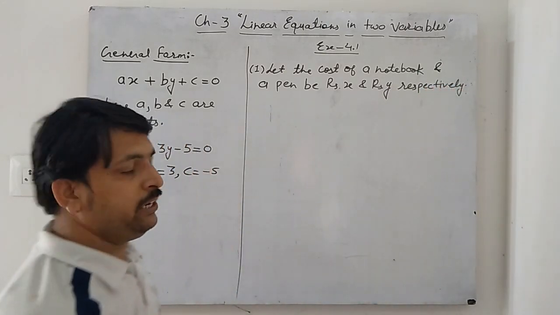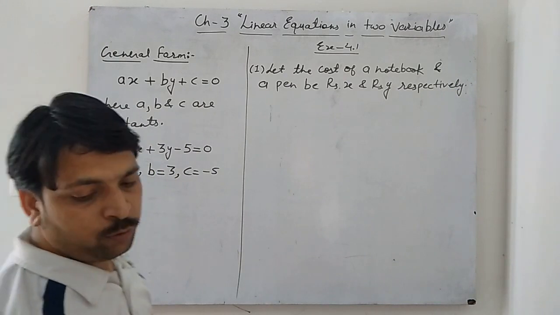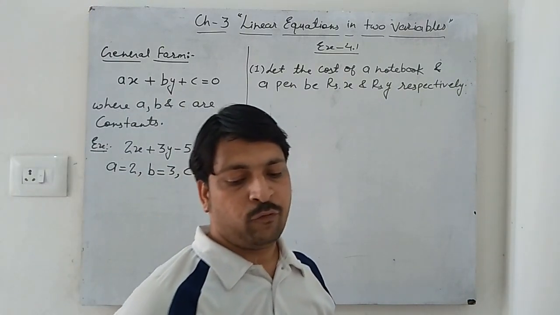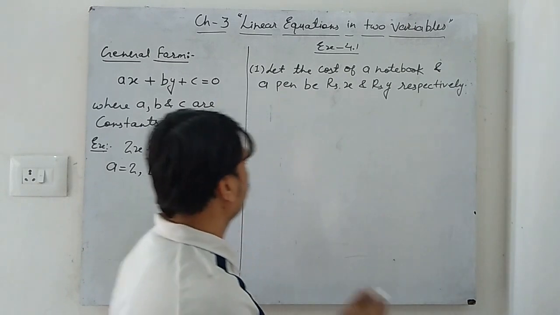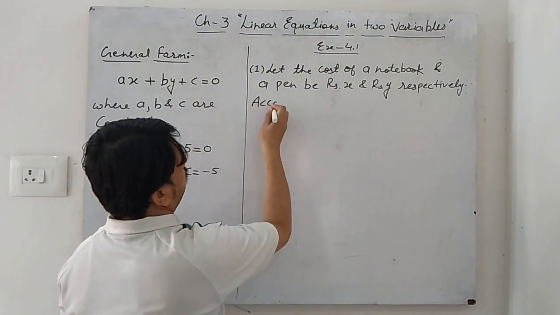There are two things, a notebook and a pen. Clear? We are assuming it. Now we have to form a linear equation according to the statement given in the question.